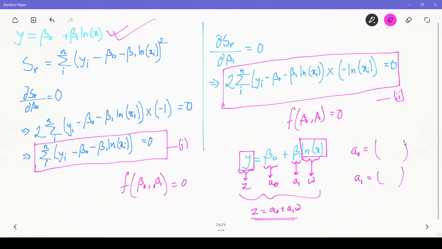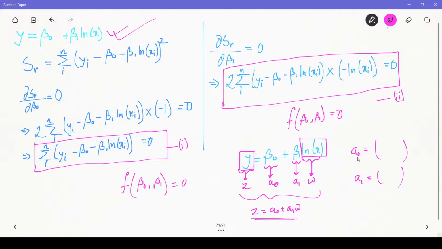Let's say we have found these two values. After we end up with the values of a naught and a1, we can simply backtrack and find the corresponding values of beta naught and beta 1. We know that a naught equals beta naught and a1 equals beta 1, so whatever values we end up with for a naught and a1, we write the exact same values as the answers for beta naught and beta 1 respectively.